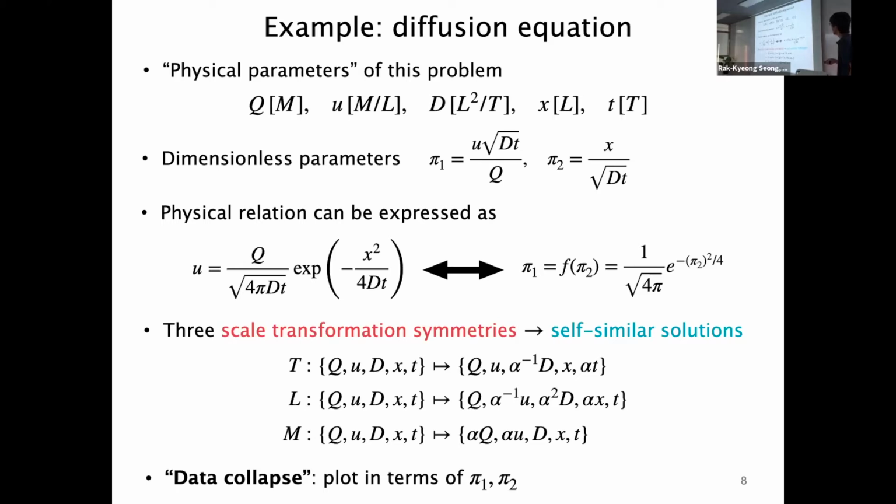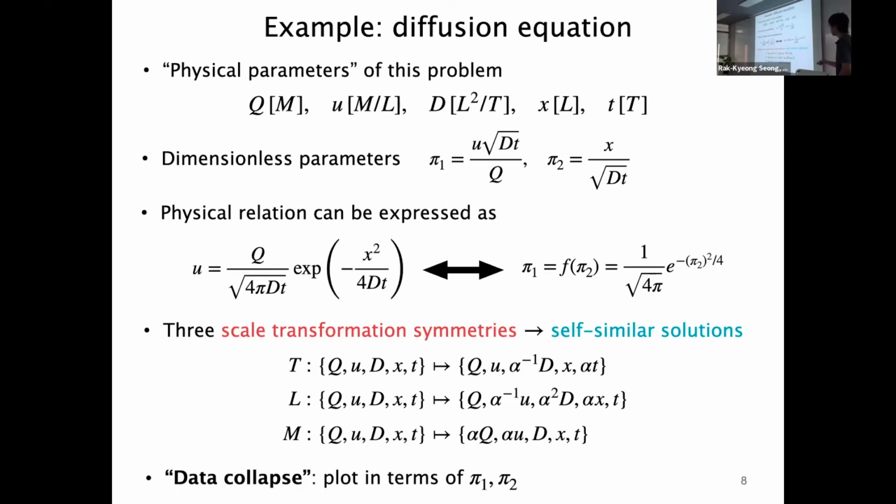For example, we can scale those physical parameters according to the dimensions of time, length, or mass. The diffusion constant has an inverse dimension in time, and time has one dimension of time. So we can rescale these physical parameters according to these dimensions, and we can perform similar transformations for length and mass as well.